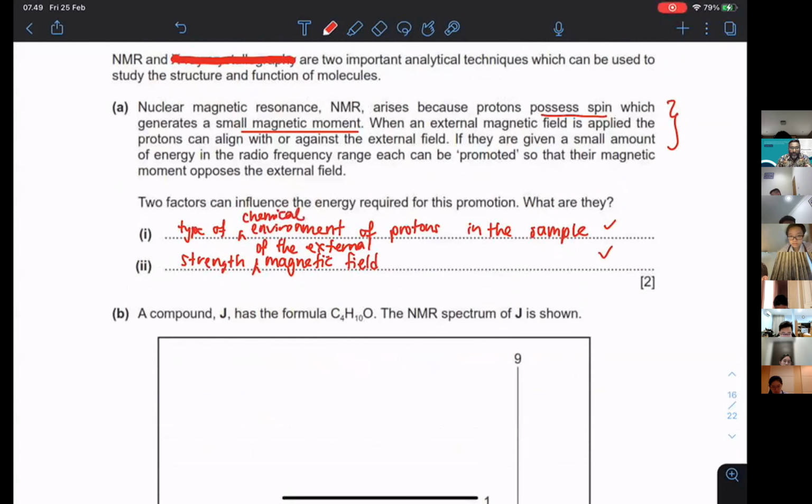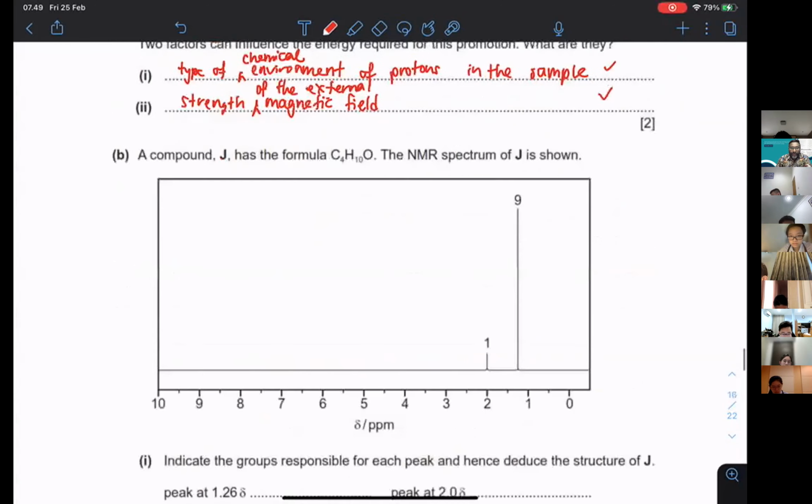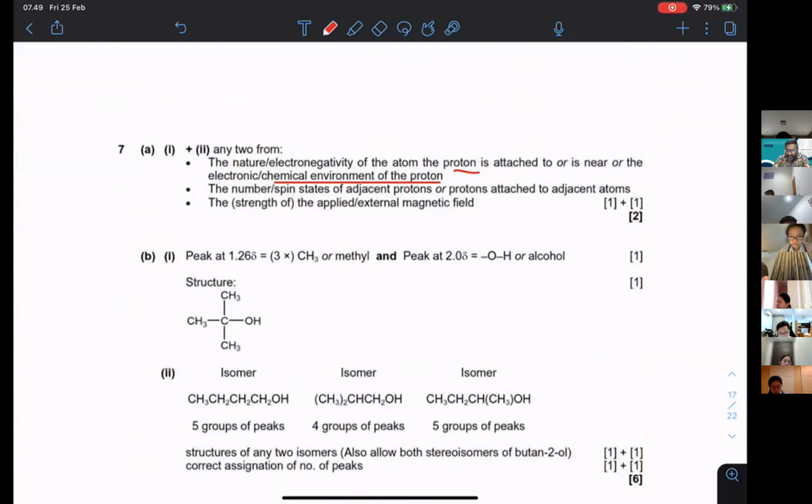Then they include the number of spin states of the adjacent protons attached to the adjacent atom. It means the neighboring protons. And then the strength of the external magnetic field. So I took these two; any two will do.